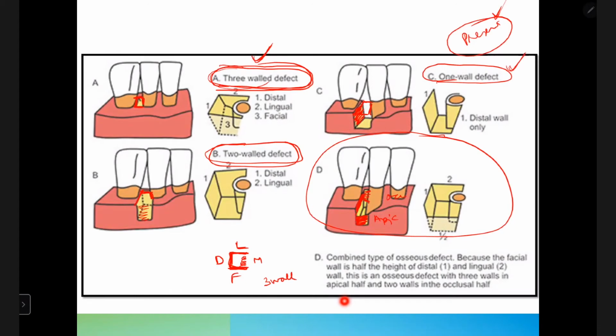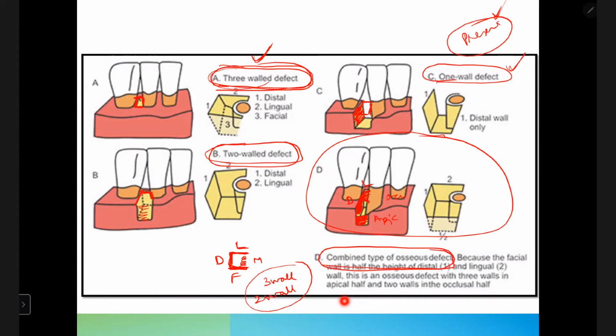Whereas in the occlusal half, there is only the lingual wall and the distal wall, so it is a 2-wall defect. So apically it is one kind of defect, occlusally it is another kind of defect. This kind of defect is called a combined type of osseous defect. Usually it will be a combined type of osseous defect only.